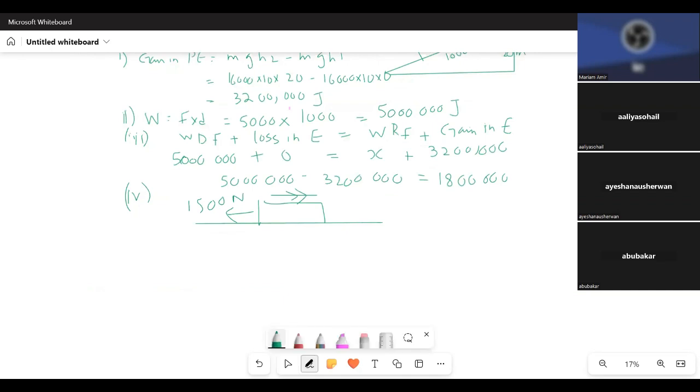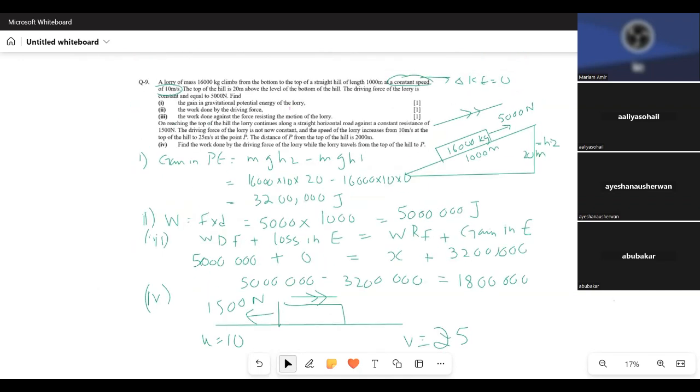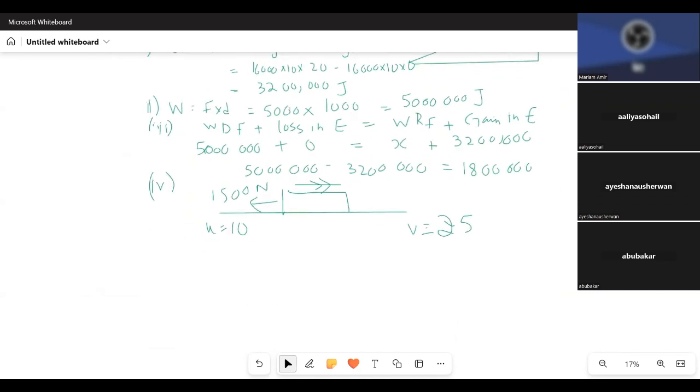So U is 10 here and V is 25 here. And the distance is given as, sorry, 2000 meters. This distance is 2000 meters.